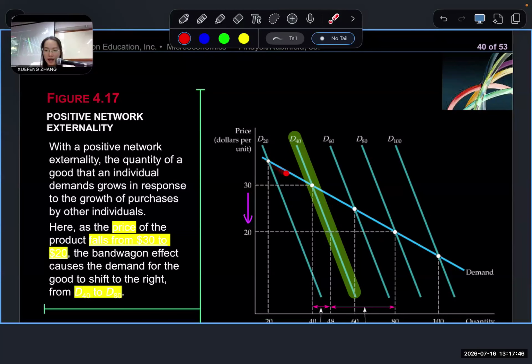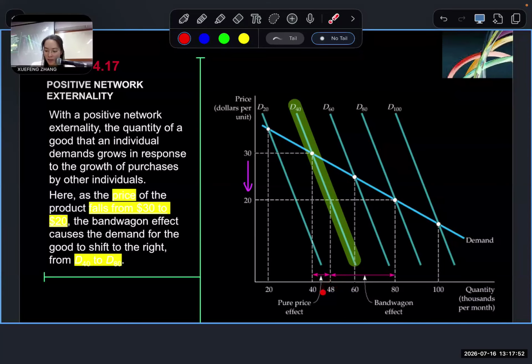The demand shifts right, so the bandwagon is from 48 to 80. So here you need to look at this demand curve, which is flatter. This is the market demand.